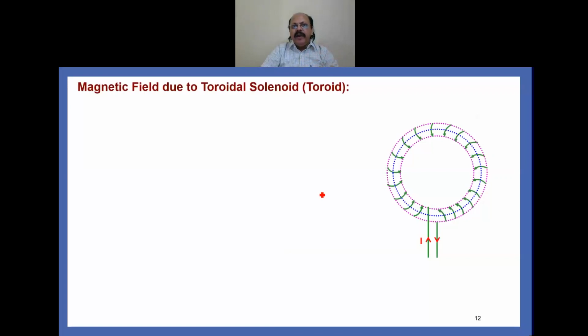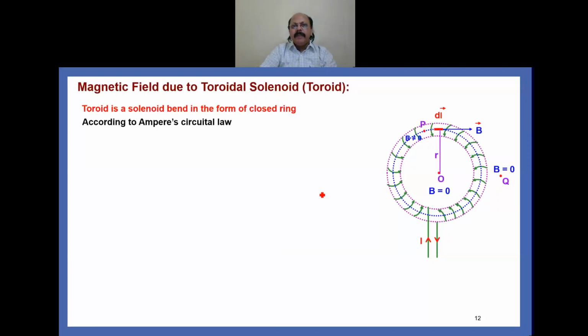Means when you bend a long solenoid in the form of a closed ring, that is called a toroid or toroidal solenoid. So you see here in the diagram that we have taken a long solenoid and bent it in the form of a closed ring.